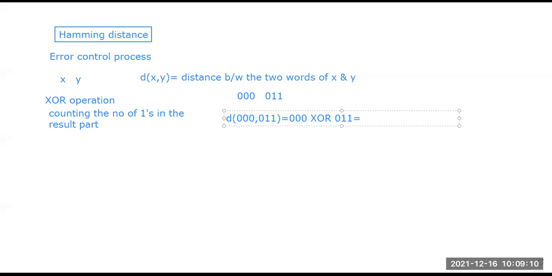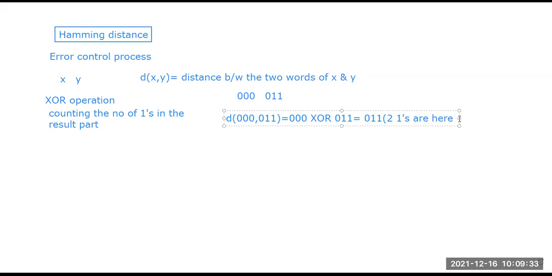The result of the XOR operation is 011. Now we count how many ones are there. There are two ones present.